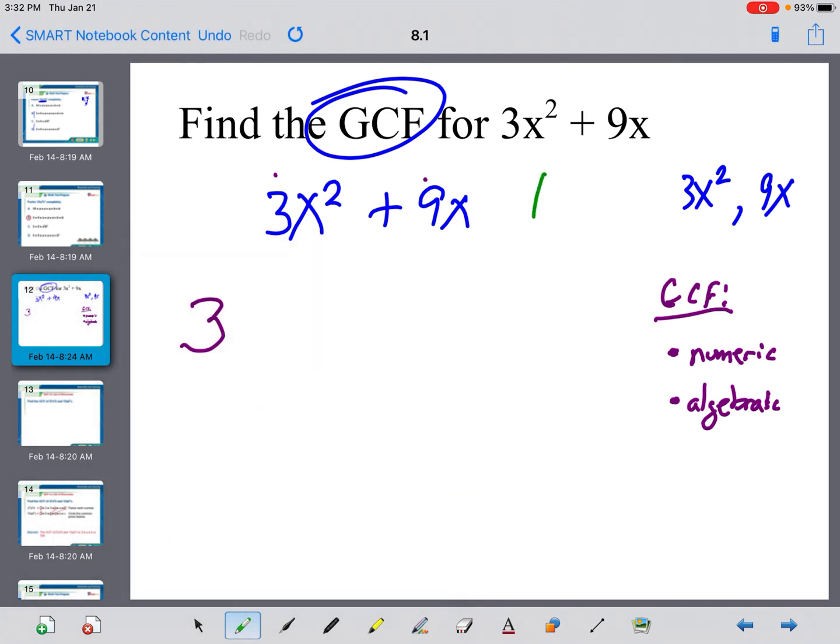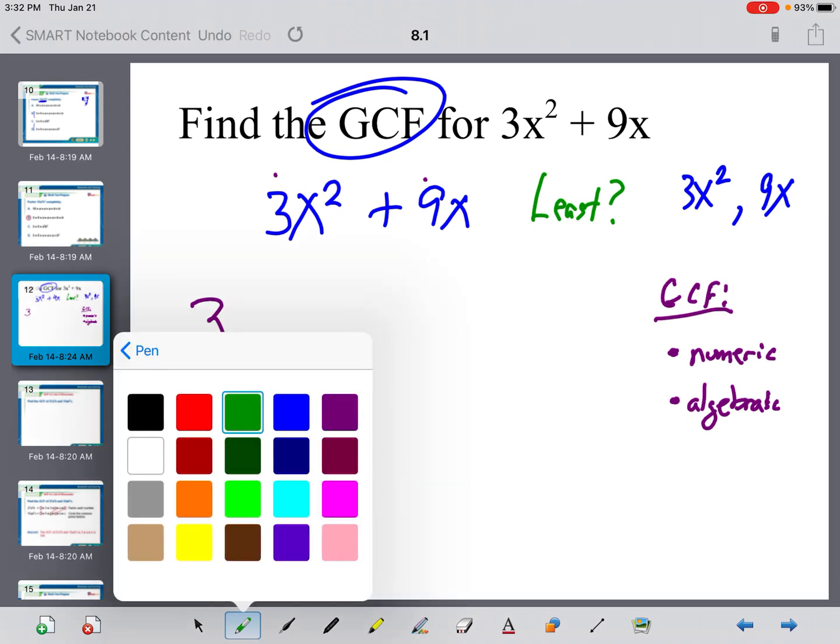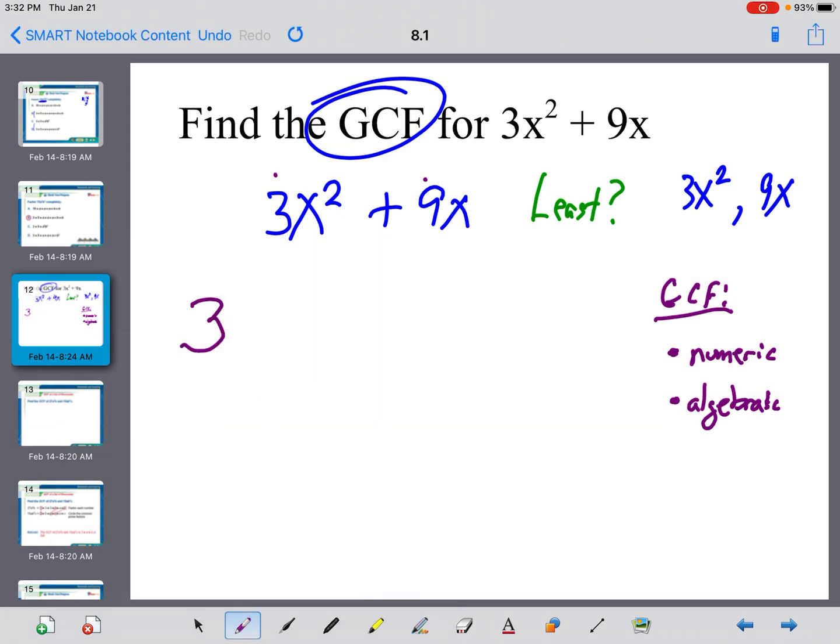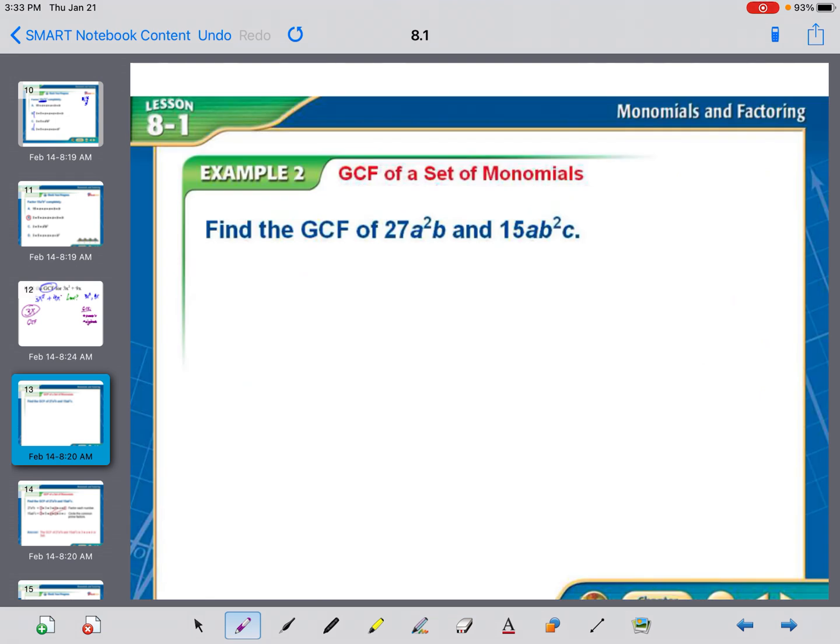Then look at the x squared and the x. And remember the question. Where is it found the least? Where is x found the least? Because you have x squared and x to the first. So it's x to the first. That's the answer to that question. This is the GCF.